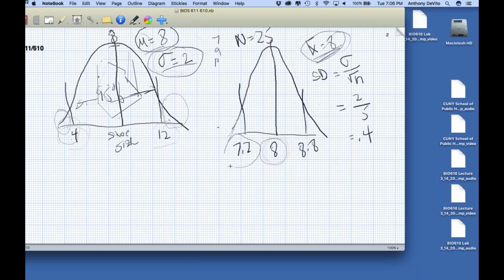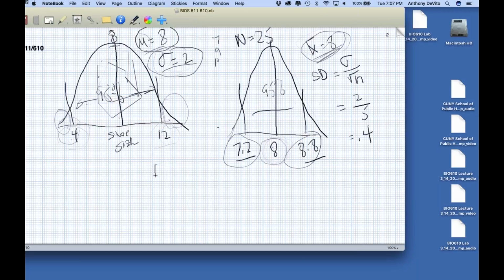So everybody agree with that so far? Are you guys okay with that so far? It makes sense to you? 95% of the time, if I take a sample of size 25 from this population, the result will be a sample mean between 7.2 and 8.8. That's just the way that random samples work.